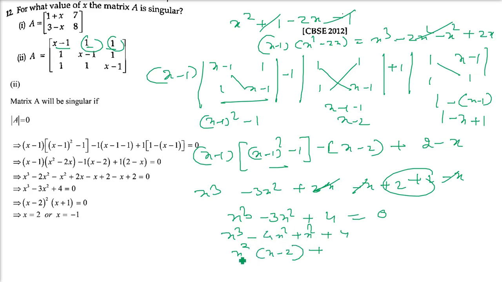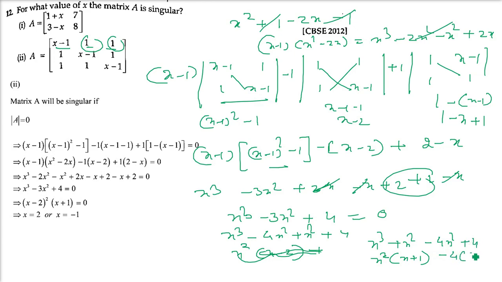So we will write this like this. See, x cube plus x square, then we can write it as minus 4x square plus 4. Now you can take x square common, x plus 1 will be there. From here you can take minus 4 common, and x square minus 1 will be inside.